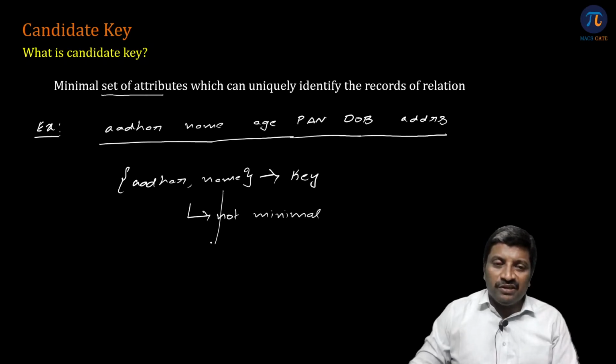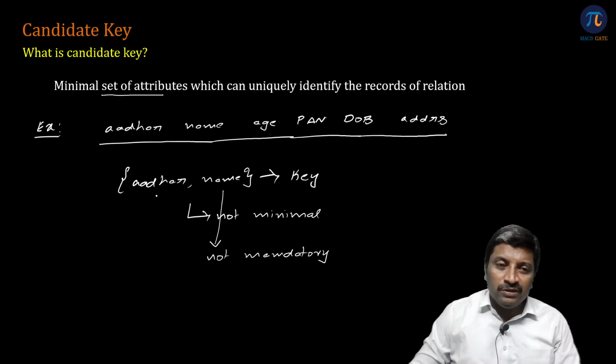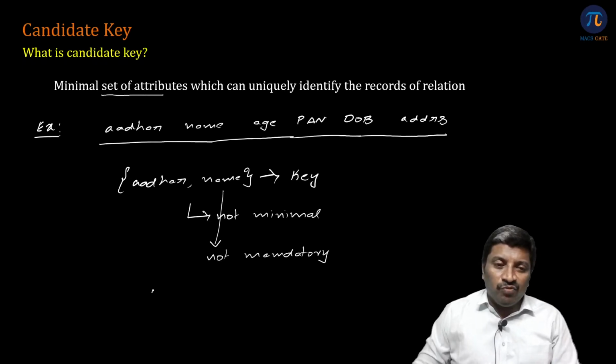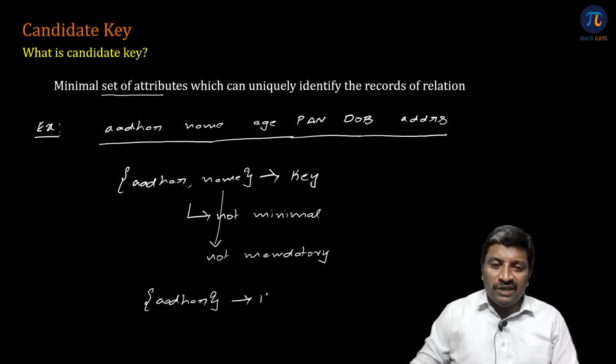If you observe very carefully, name is not mandatory. Even if I don't have name in my collection, I can still find the records of the relation uniquely. So I need only Aadhaar number to identify any person uniquely. So this is a key, and it also satisfies the property of minimal attributes.